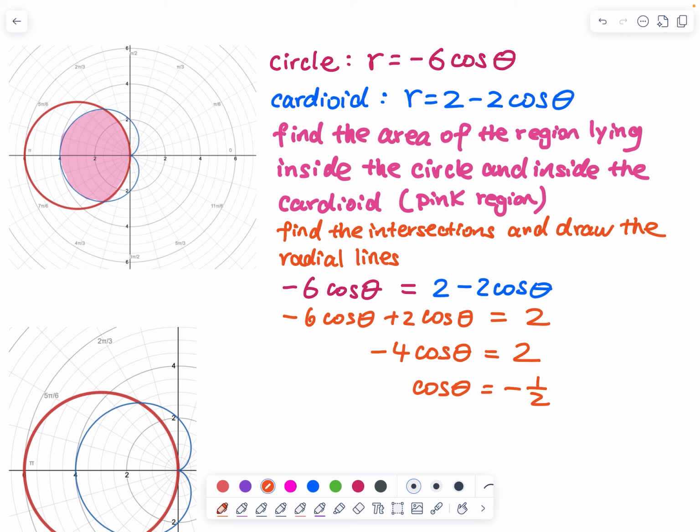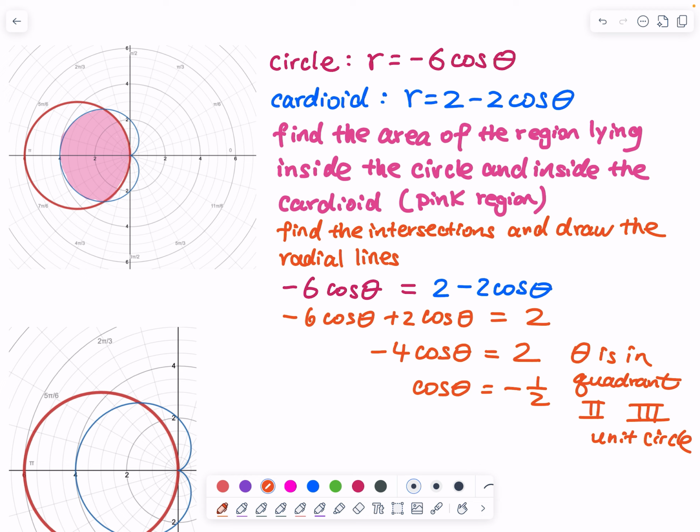And then you need to use your unit circle to solve for theta. Cosine refers to the x coordinate. The x coordinate is negative in quadrant 2 and quadrant 3 of the unit circle. So theta is in quadrant 2 and quadrant 3.